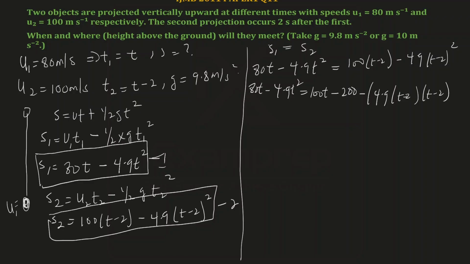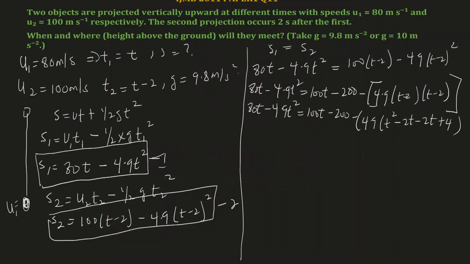I'm just doing it carefully step by step so that you can understand. (t minus 2) times (t minus 2) gives us t squared minus 2t minus 2t plus 4.